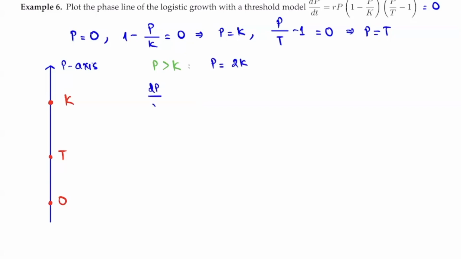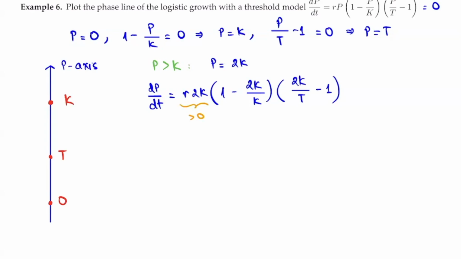So dp/dt equals r times 2k times 1 minus 2k over k times 2k over t minus 1. So this part is positive, obviously. K cancels out, giving you 1 minus 2, so that part is negative.